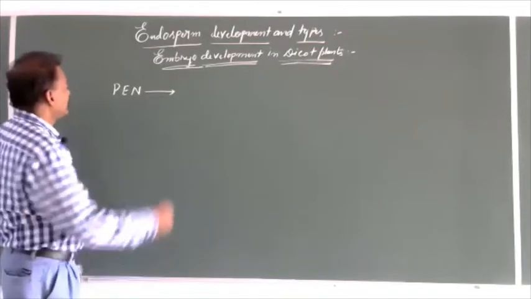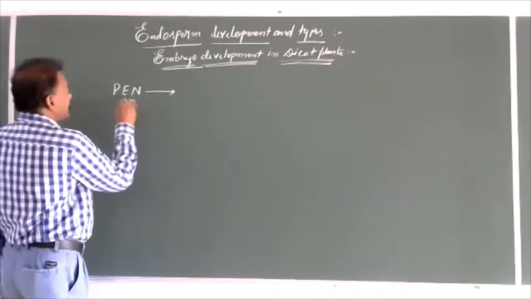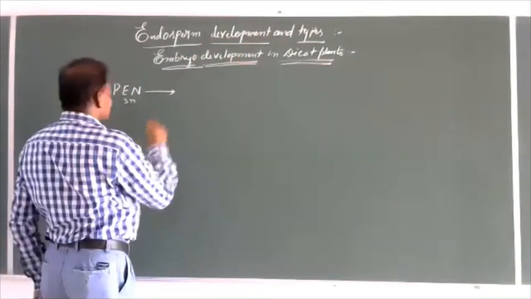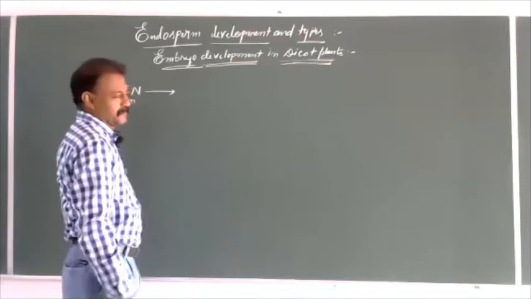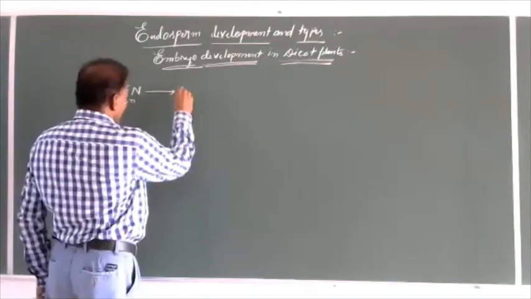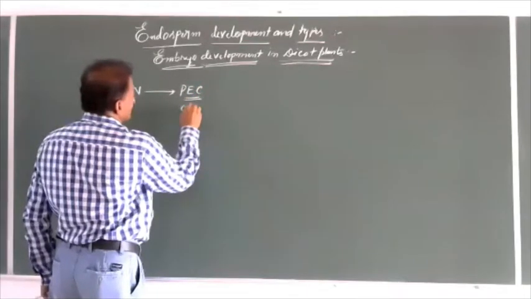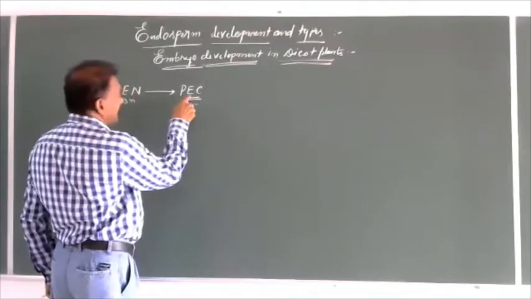Primary endosperm nucleus, which is triploid, undergoes changes to become primary endosperm cell.